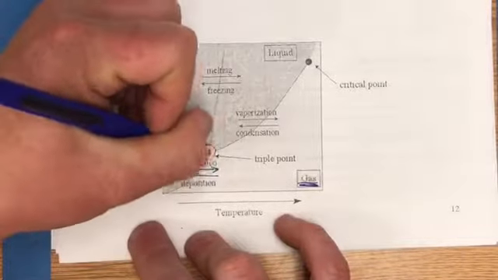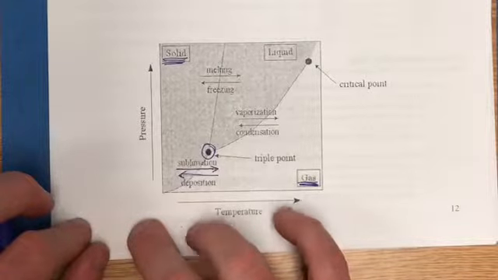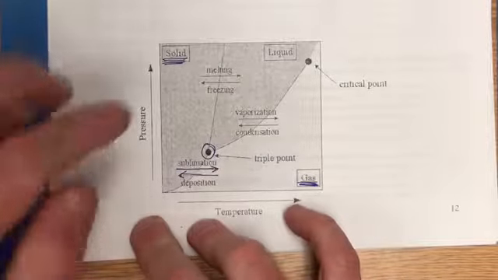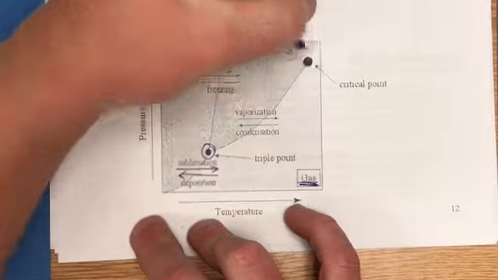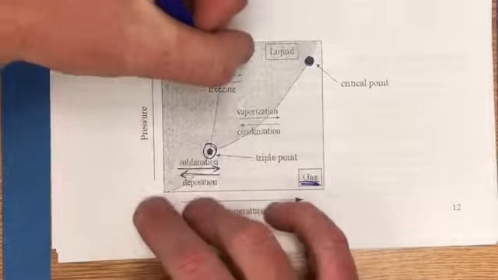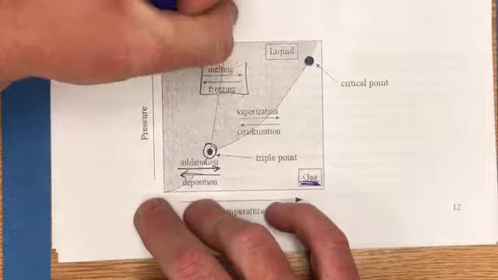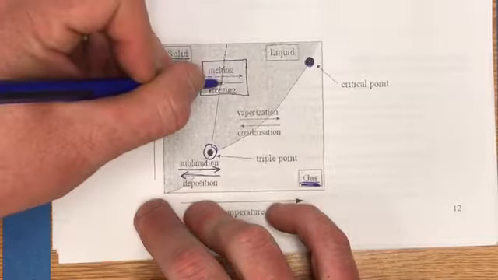We have that triple point that we saw in the little video from the last one. We also have our critical point, which we haven't really talked about yet. We have our melting and freezing phase change line right here.